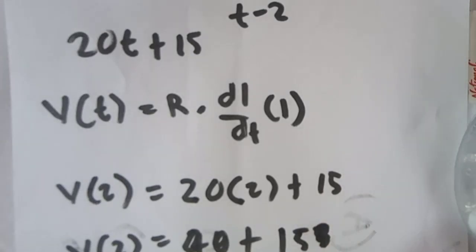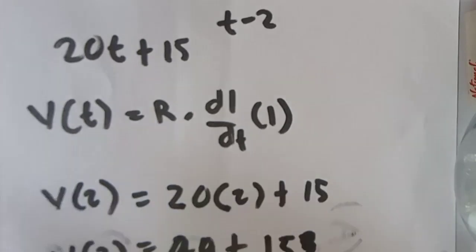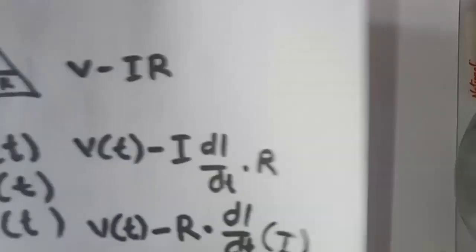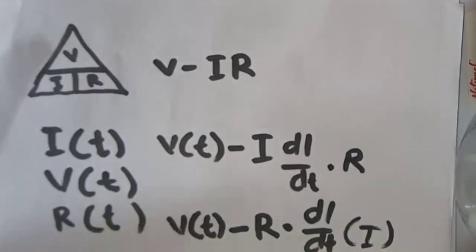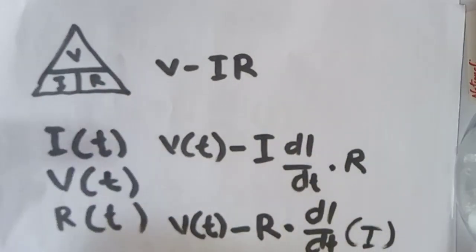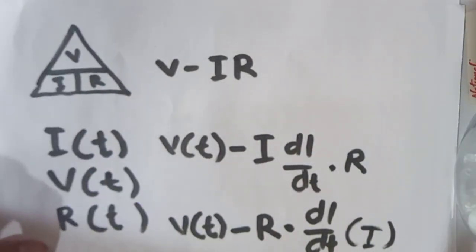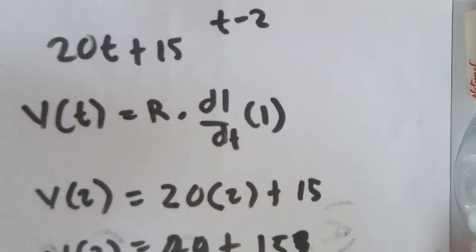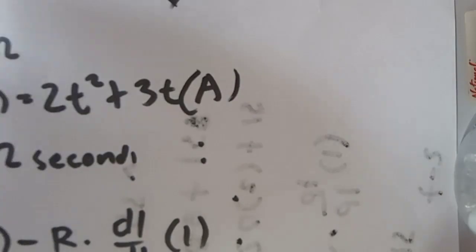That's how we apply the derivative of a function in calculating voltage, current, and resistance. We can use other equations if I is unknown or R is unknown, and it depends on the given problem.